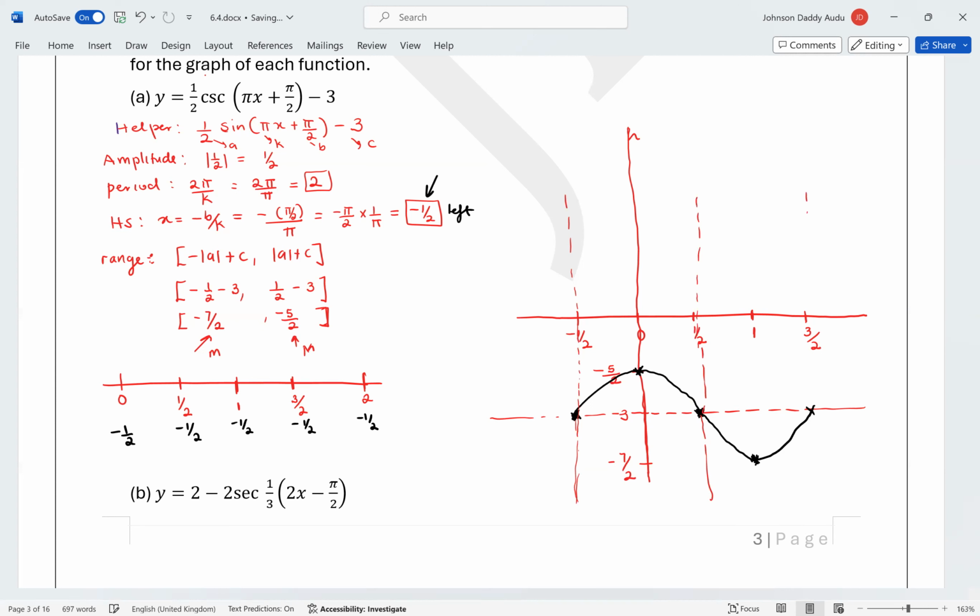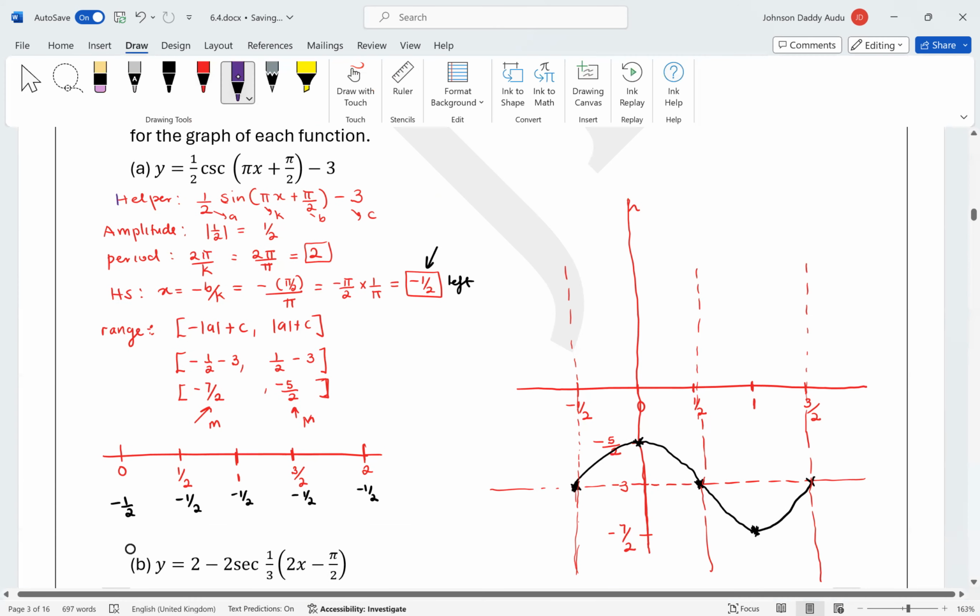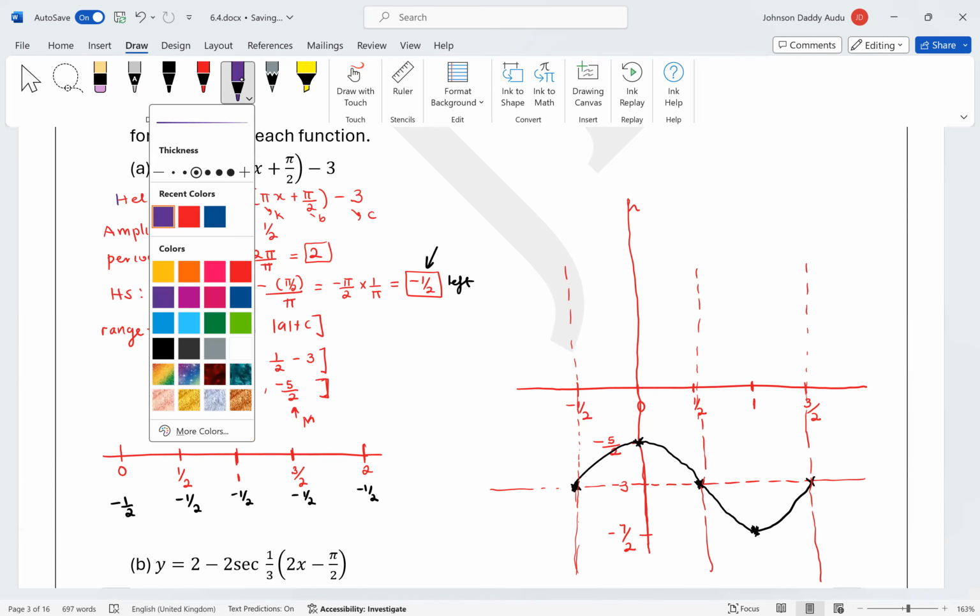And then we will have another one here. Right. Okay. So now it means the graph that we required will be the popular one, which I'm about to sketch.